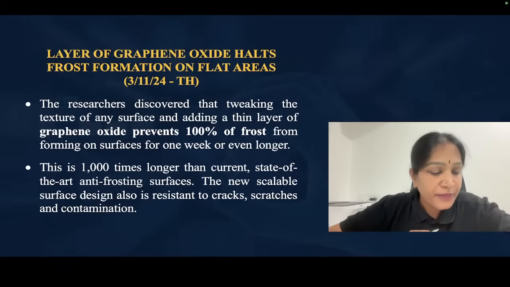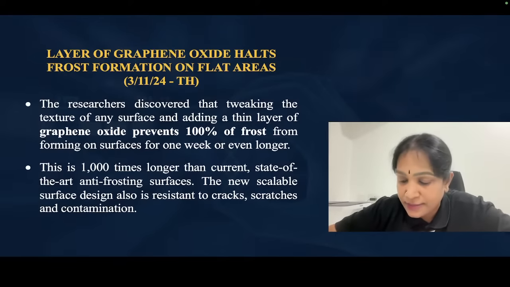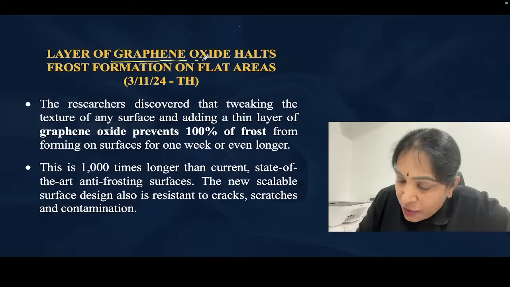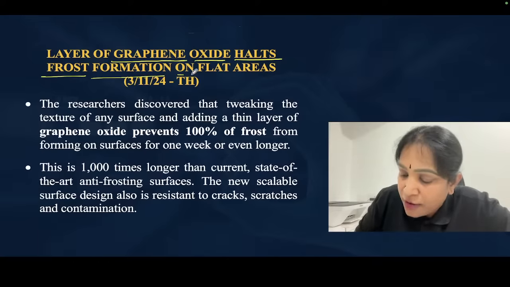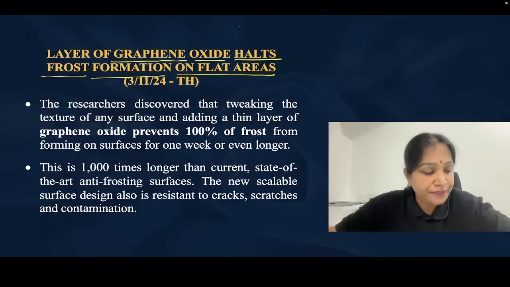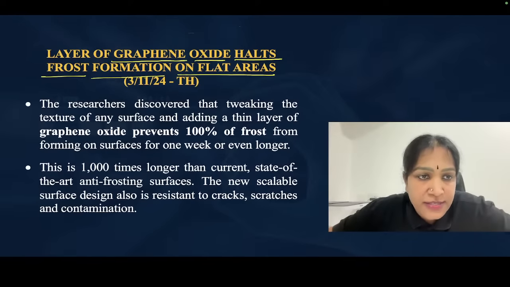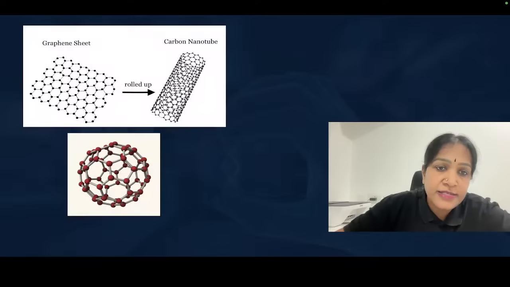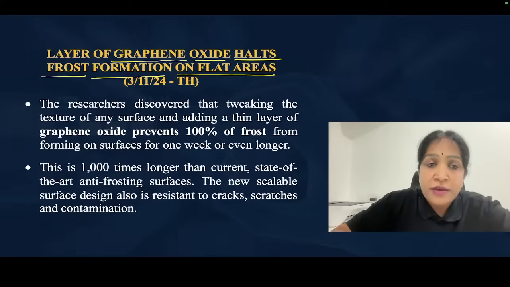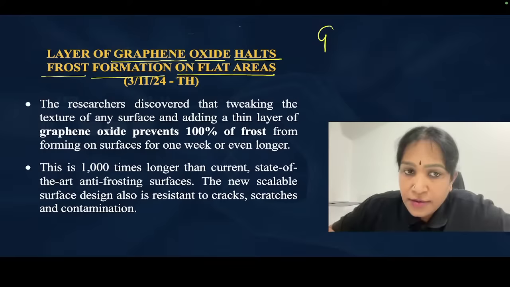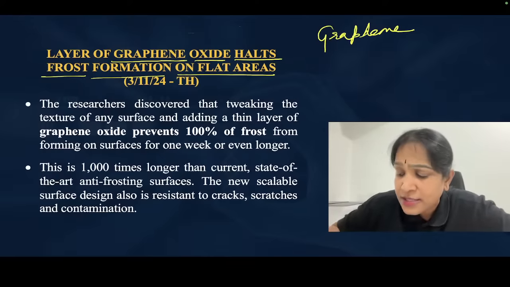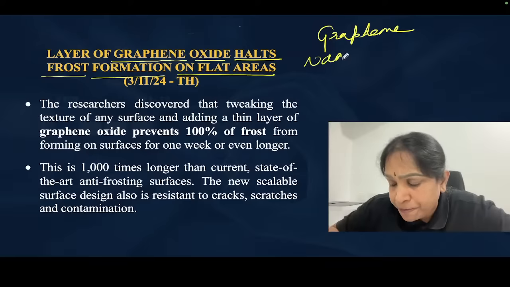Moving on to the third topic in today's session. Can we proceed? A layer of graphene oxide halts frost formation on flat areas. First of all, what is graphene? Tell me what you know about graphene. Is it a nanomaterial?